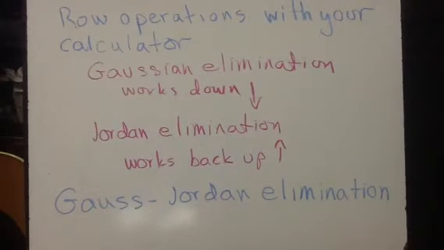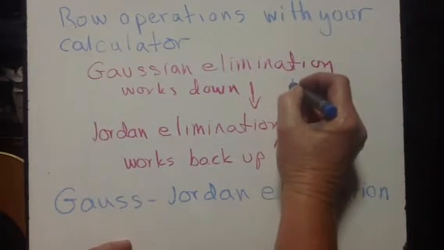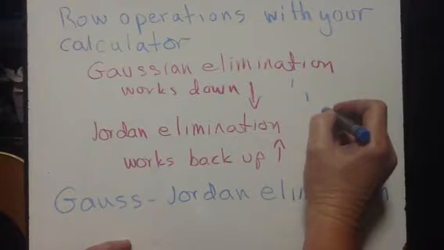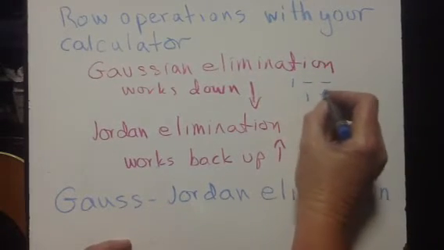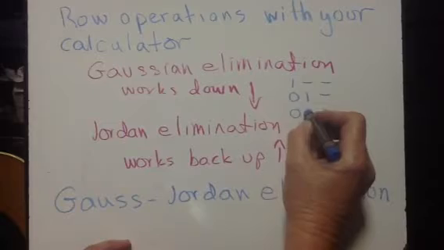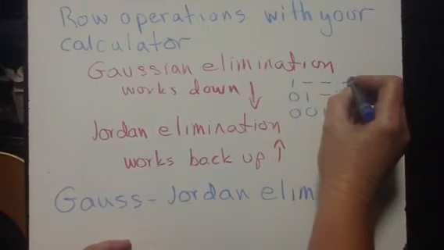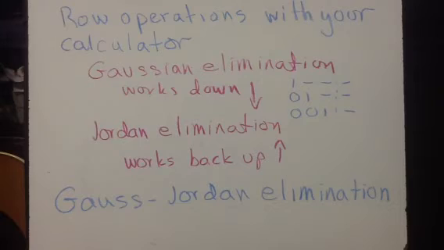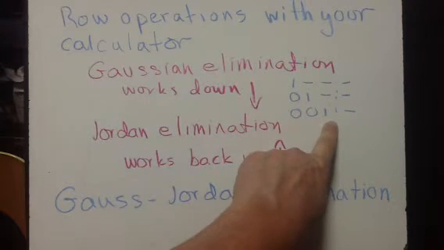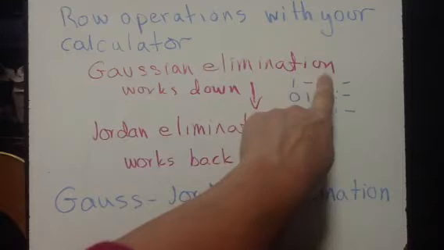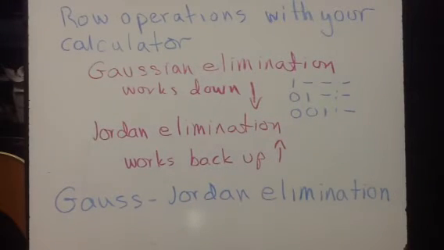We're going to finish this series on solving matrices using row operations by talking about Gauss-Jordan elimination. As you've just seen, Gaussian elimination works down to give you a matrix that looks like this, so that there are ones in this diagonal and there are zeros here, and all these things with blanks might be different numbers.